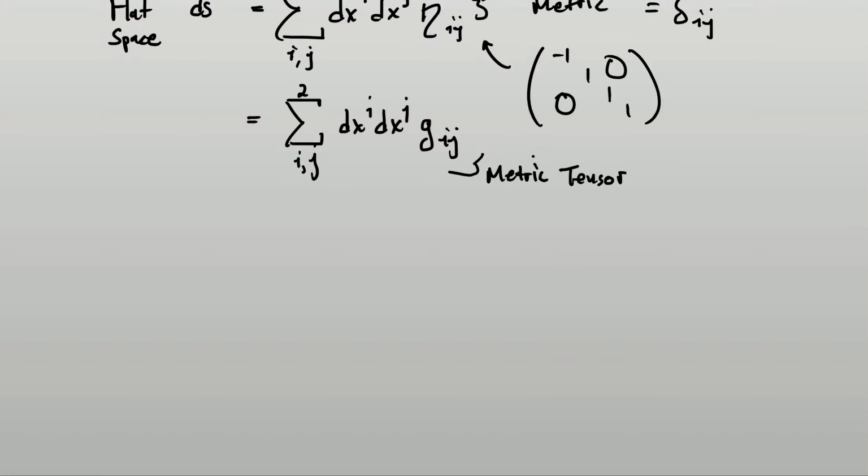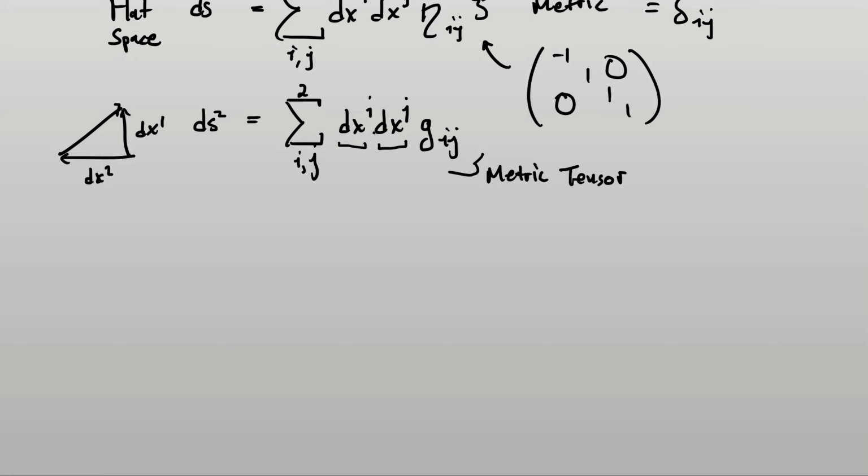So why do we call this a tensor? I'm actually going to go through this a little bit more in depth later on, but we call this a tensor because this object right here is a mathematical object. So gij is a mathematical object such that when it's applied to two vectors, again, these two guys are vectors, two little infinitesimal vectors. Remember, this is ds squared. We're kind of doing this vector summation almost, where here's our dx1, and here's our dx2.